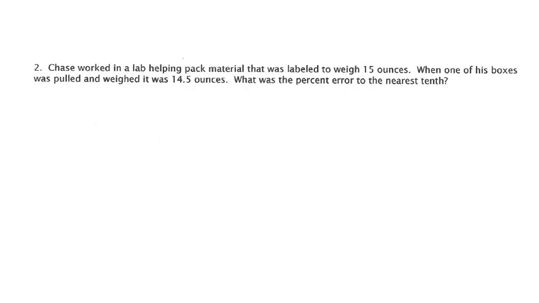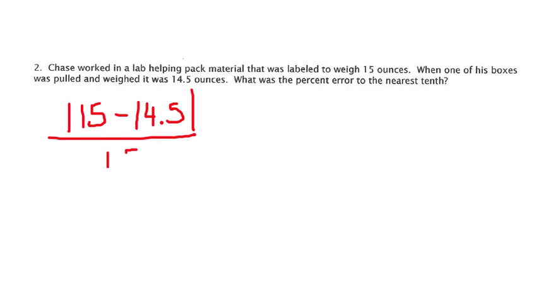Number 2. Chase worked in a lab helping pack material that was labeled to weigh 15 ounces. When one of his boxes was pulled and weighed, it was 14.5 ounces. What was the percent error to the nearest tenth? So we find the absolute value of 15 minus 14.5, and it's over 15.